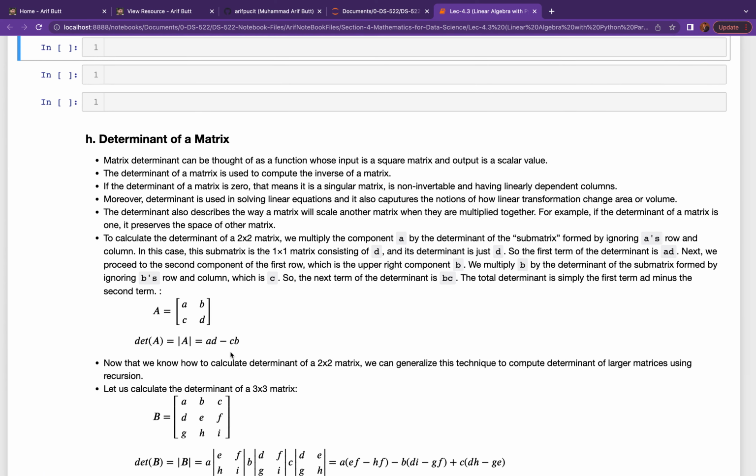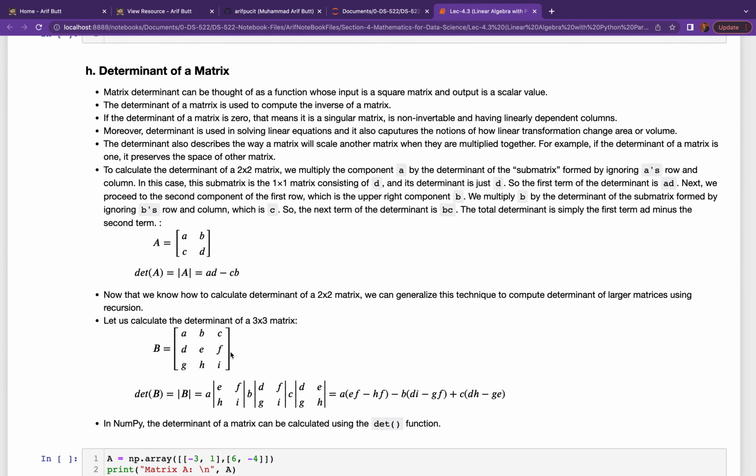Anyway, then let me move ahead and talk about determinant of a matrix now. Well, my dear students, the determinant can be thought of as a function whose input is a square matrix and output is a scalar value. The determinant of a matrix is used to compute the inverse of a matrix.